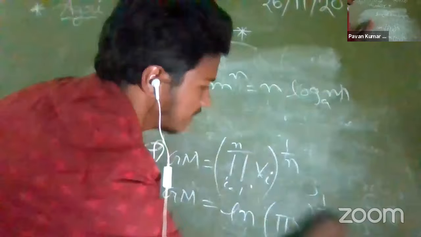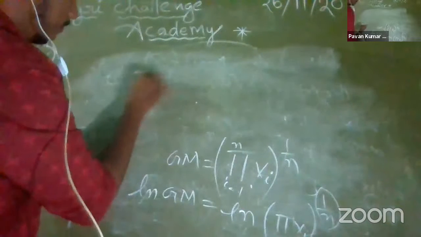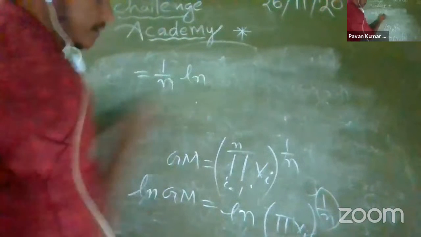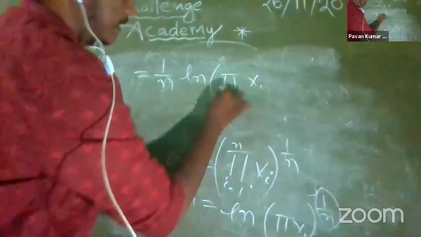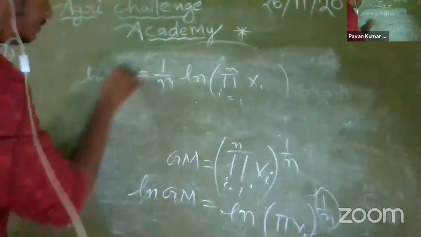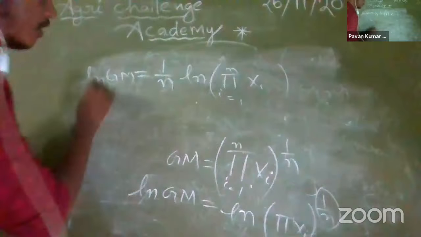So it becomes 1 by n ln of the product of xi, i equals 1 to small n, is ln GM. Now you know the formula ln of x into y equals ln x plus ln y.